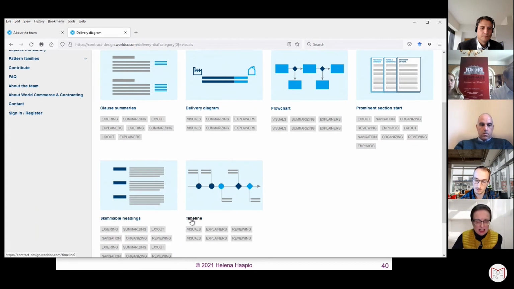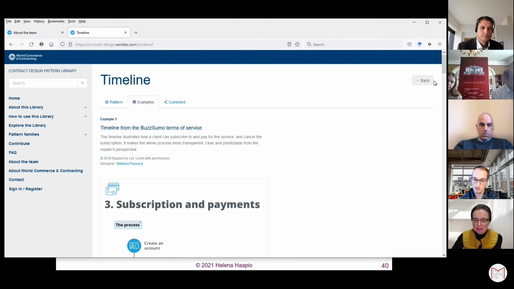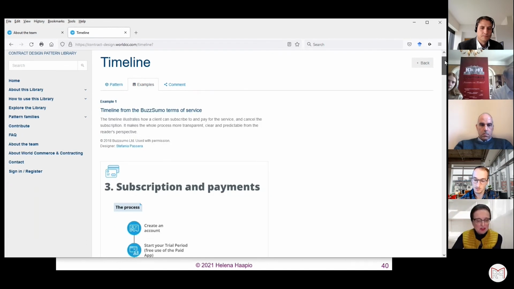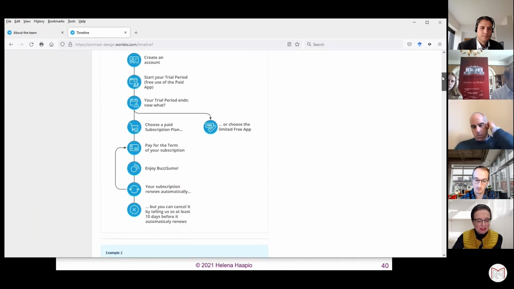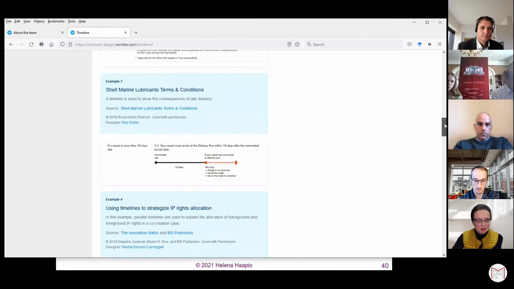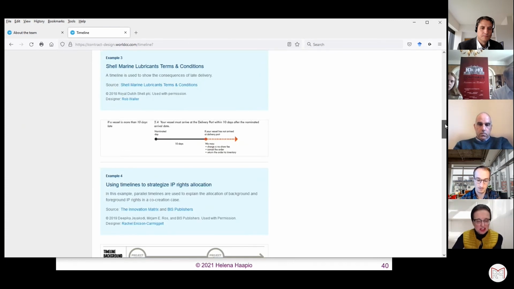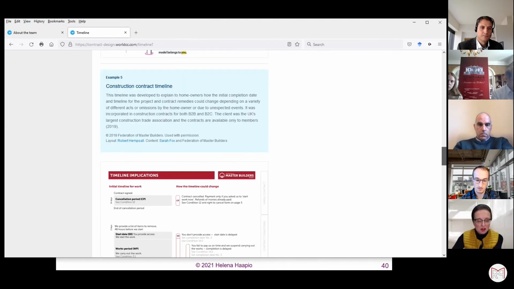Let's go and look at the timeline pattern. So the best part, examples, we have different examples from different contexts. Here's a subscription and payments example. Here's the example we already saw, approval process. Here's Shell's example and various other things in context.